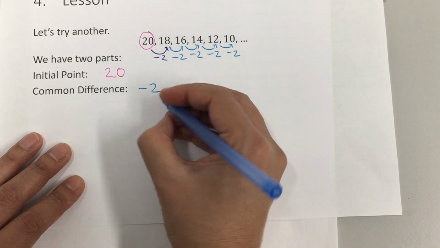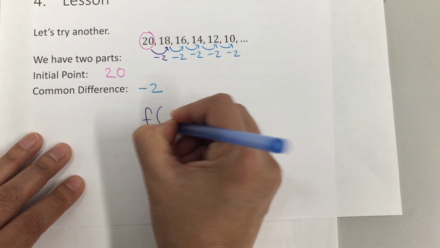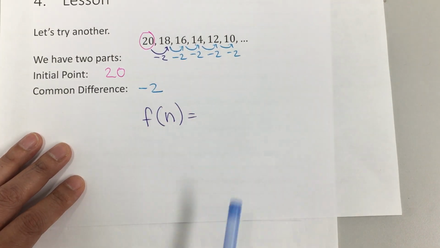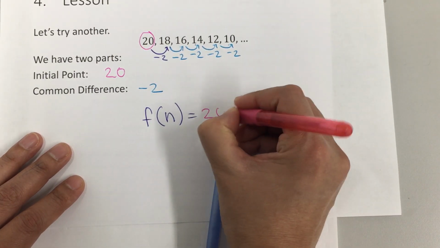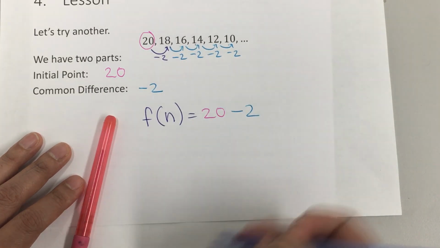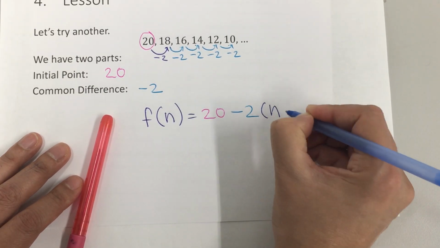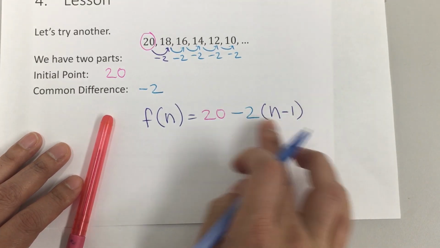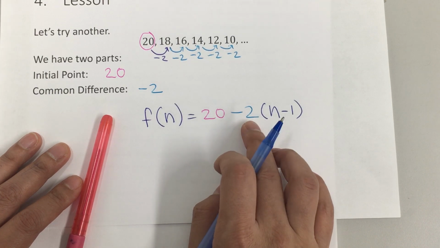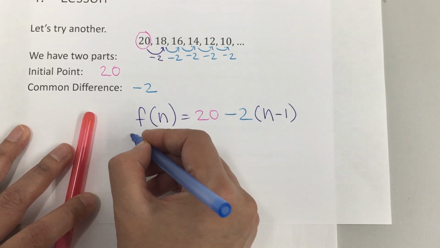And so my explicit function is going to be f of n equals initial point plus common difference, and we're going to put n minus 1 as a factor right next to the pattern or common difference. Okay, that's all you have to do for today.